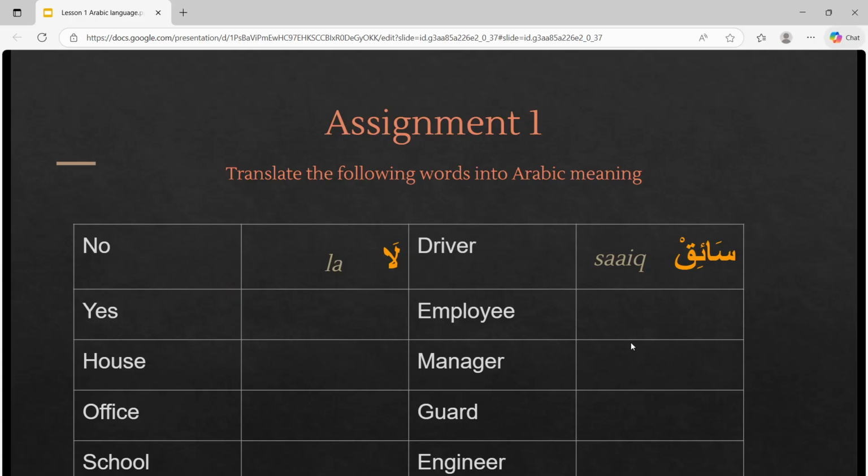So for the next two slides, just meant for assignments, for those that are interested in practicing further. They can email me, if you're interested, at ihsandawa@gmail.com. I'll also include that in the comment section, and I can send you these two assignments, and you can just practice and see if you can translate the following words into Arabic too.